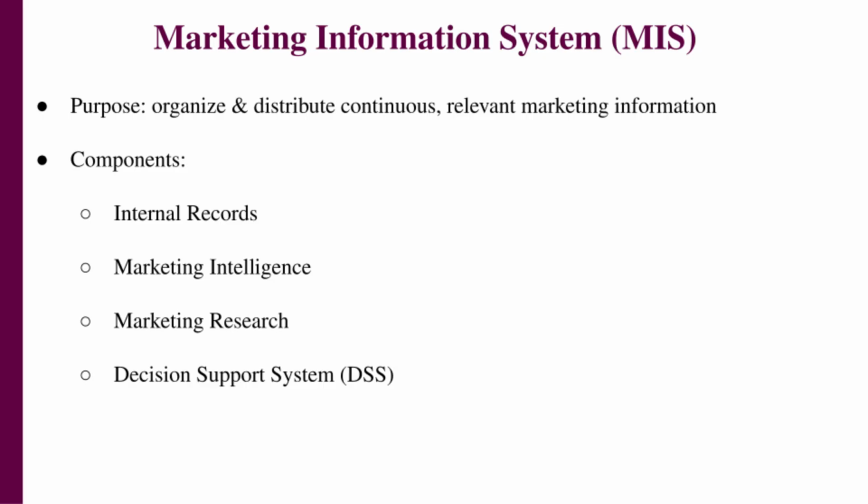Core components of MIS: internal records, operational data from within the organization; marketing intelligence, systematic monitoring of external information, including competitors and market trends; marketing research, structured studies to answer specific questions; decision support system, DSS, computer-based tools that help managers analyze data and make informed decisions.